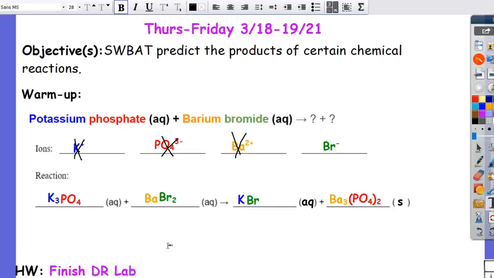In this case, our barium phosphate was a solid, so a reaction did take place. Anytime you get 2 aqueous products, it means that you started with 4 ions floating in water, and then you ended with 4 ions floating in water. That's not a chemical change. That's just making a mixture. So you need to get a solid or a gas as a product in order to have a reaction.